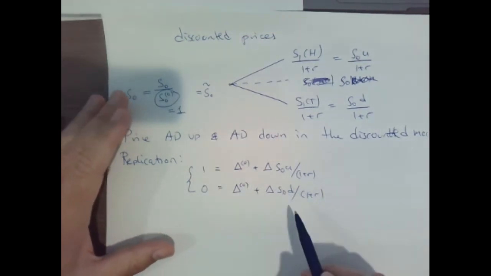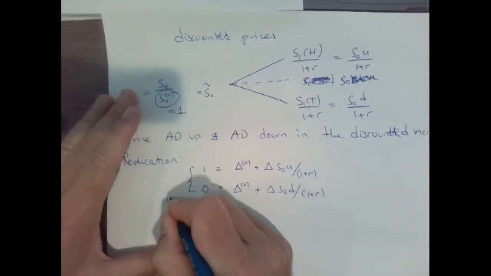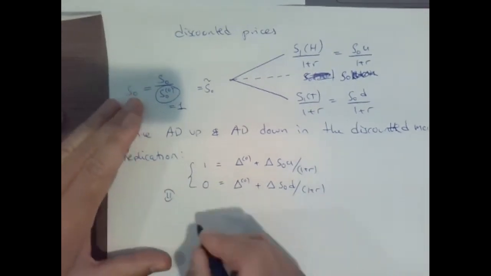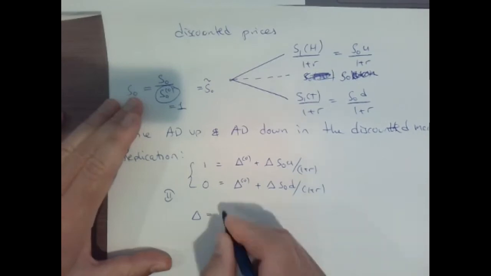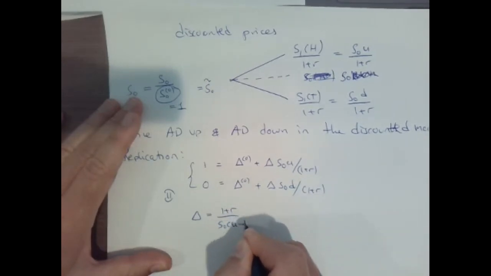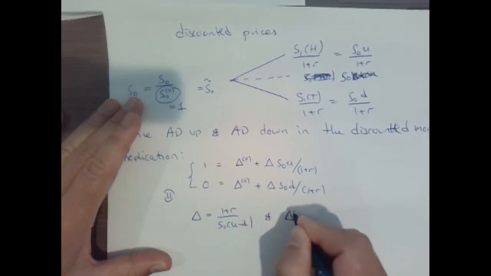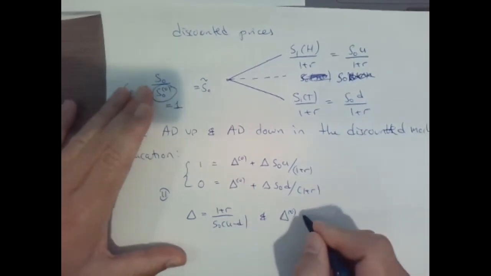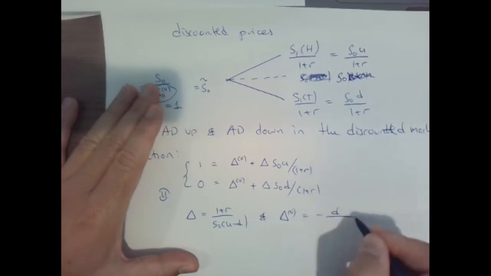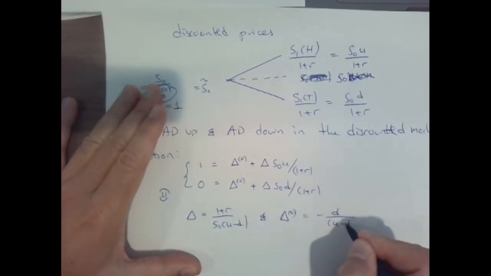You have two equations and two unknowns. You can solve this. If I've done it correctly, you should get delta is 1 plus R divided by S0 times U minus D. And you should get delta 0 is equal to minus D divided by U minus D.